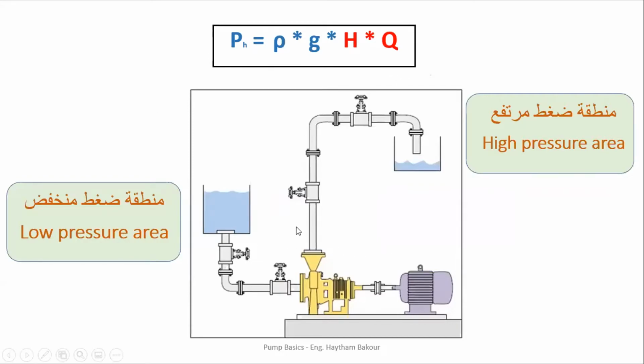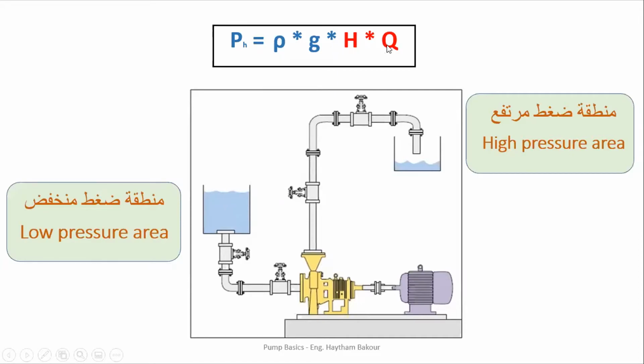and specification. As we said earlier, pumps are used to transfer water from the low pressure area to the high pressure area, from tank A to tank B. The hydraulic power PH equals rho times g times H times Q, where rho is the density, g is gravity, H is the pressure head, and Q is the flow.